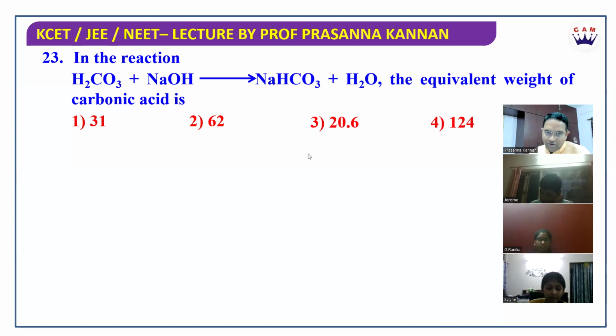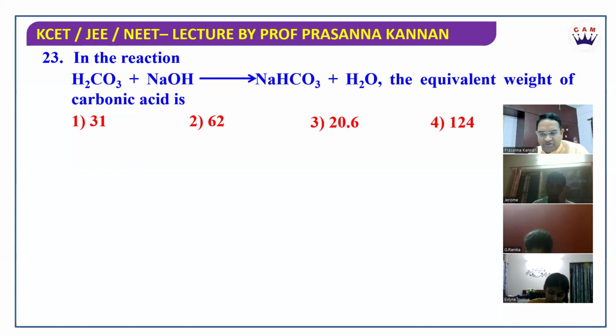Yes, sir. So whenever they give you a reaction, if reaction is not given, simply if I give you carbonic acid, then your answer is correct. But in this particular reaction, we have stopped at the stage where only sodium bicarbonate is formed. Probably if further reaction with sodium hydroxide is allowed, then you will get sodium carbonate.